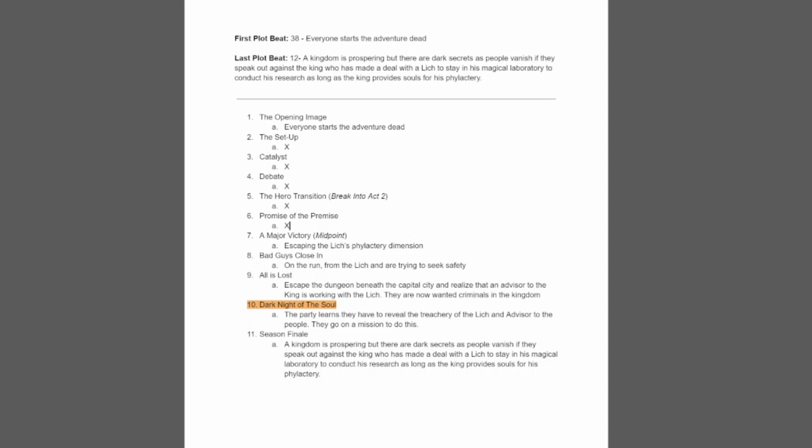Let's just say, for the sake of argument, part of this pitch was escaping the afterlife, right? So, promise of the premise here is collecting the narrative coupons necessary to escape the dimension, which is the Lich phylactery, right?